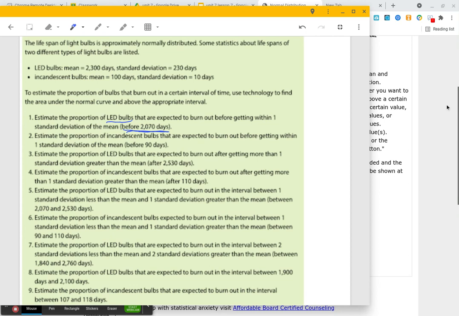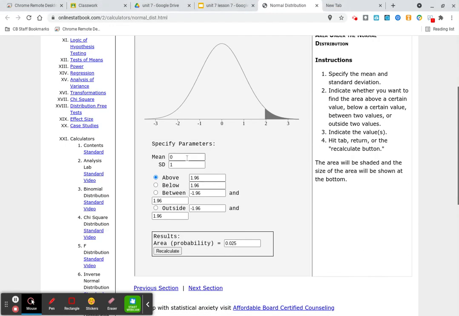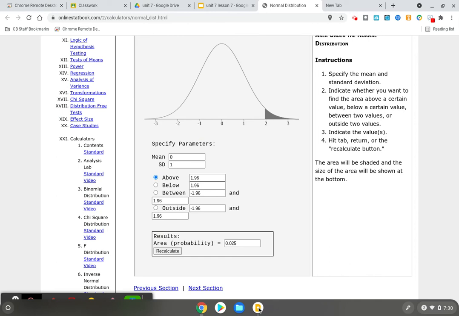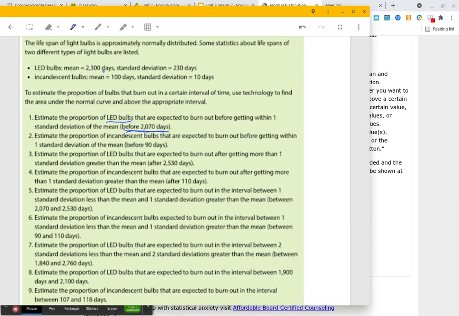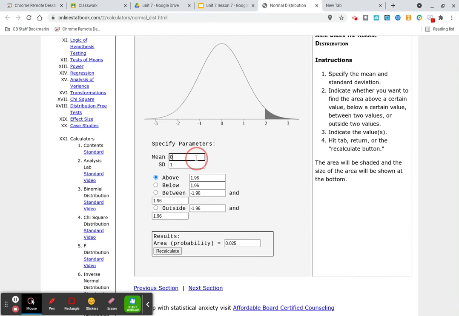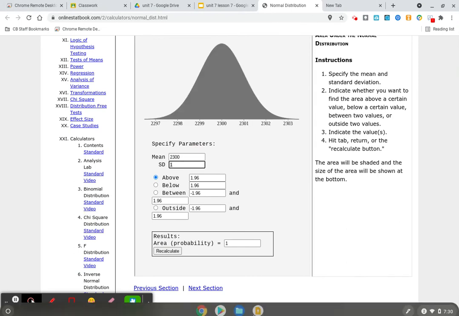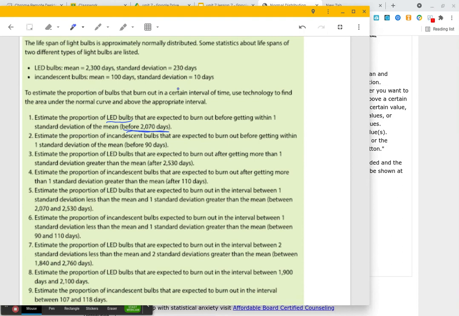Okay, so we are talking about LED bulbs. So we're going to put in the mean and the standard deviation for LED bulbs. So the mean is 2300 and the standard deviation is 230.